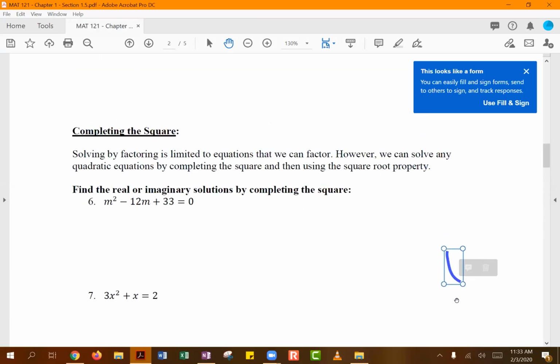Since we took 1 over 6 to make 1 over 36, that's what our left-hand side is going to factor into. Since both my signs are positive for the middle term and the constant term, we're going to have a positive in our factoring. So this will now be x plus 1 over 6 and x plus 1 over 6 as my two factors.